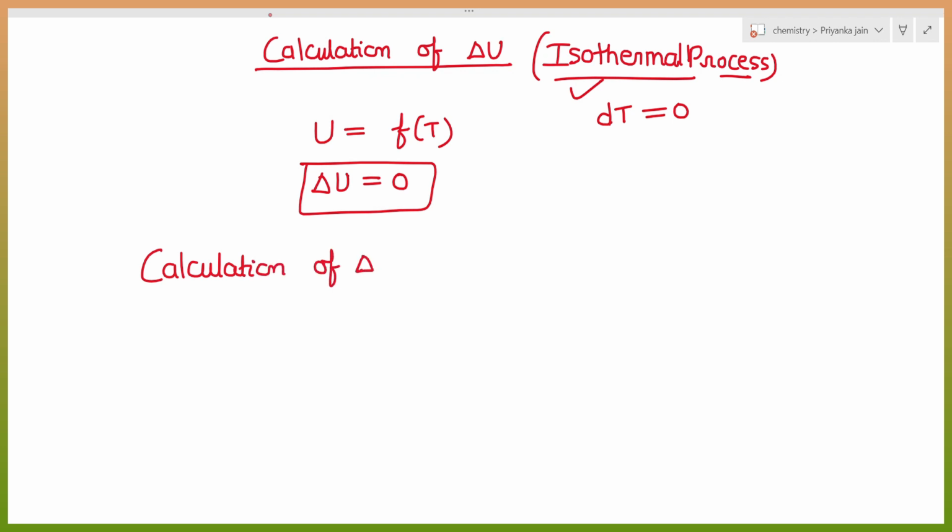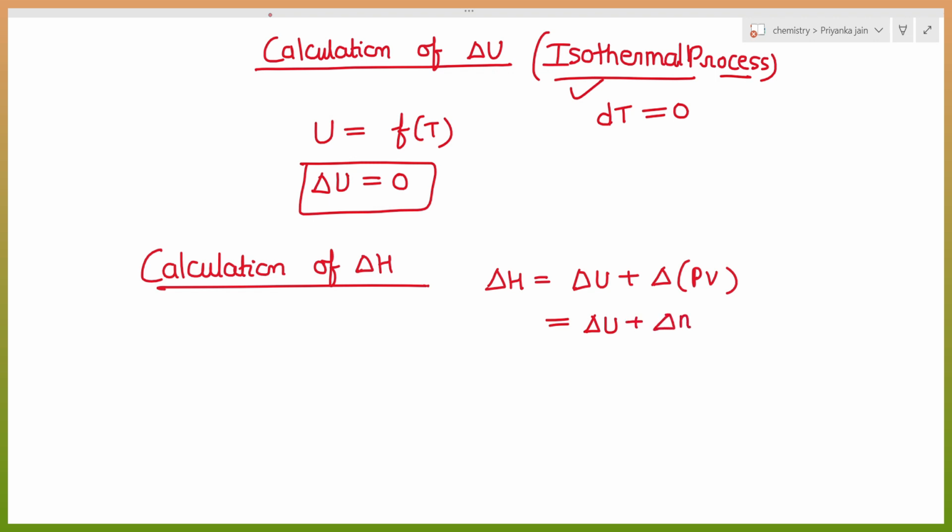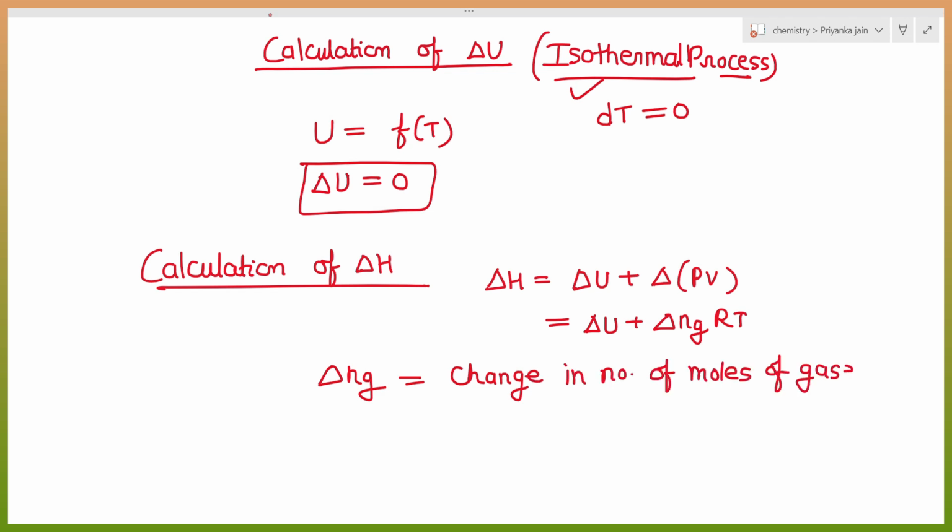Now the next thing is the calculation of del H, the change in enthalpy. For this, you know the formula: del H is equal to del U plus del PV, or you can write del U plus del ng RT. Here, what is del ng? Del ng is the change in the number of moles of gaseous molecules. We only have to consider the gaseous molecules.